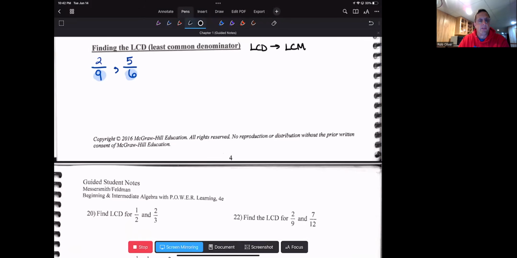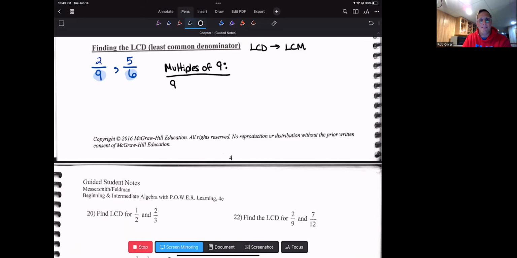So one way to figure out the LCD is to list out the multiples of each number, the 9 and the 6. And the grand question I always get is, how many times do I list it? Well, it kind of depends. Some people just list as many as they think they need, but it really doesn't matter. So I'm going to list off multiples of 9. I'm just going to rattle off a bunch.